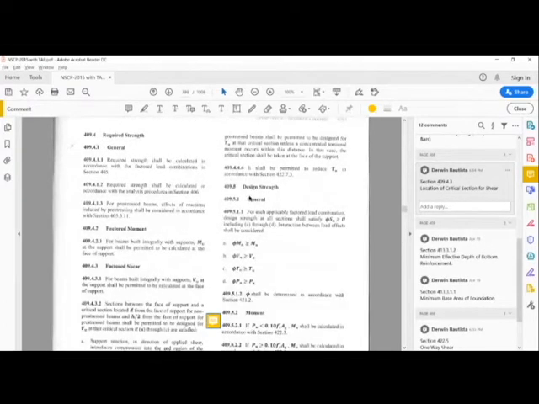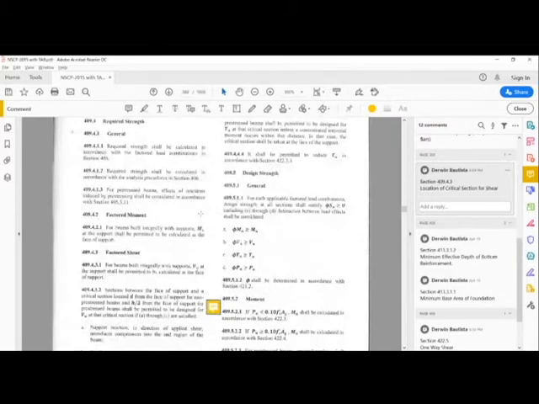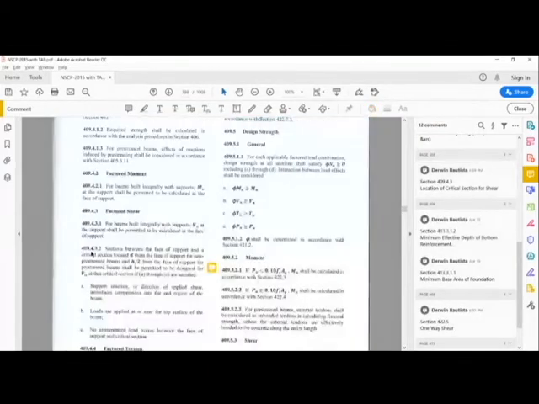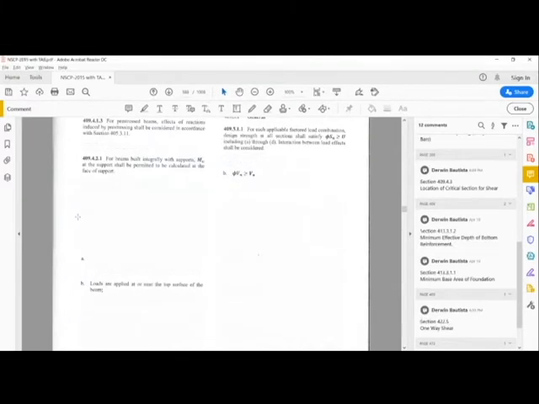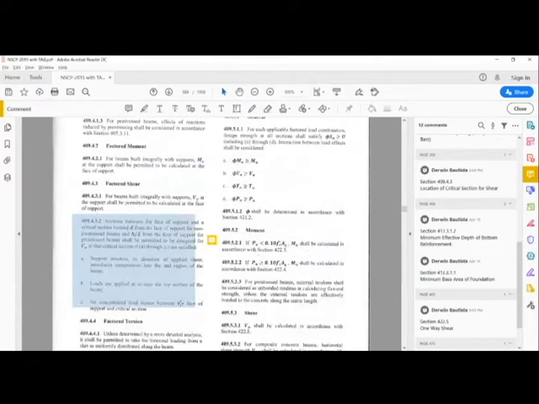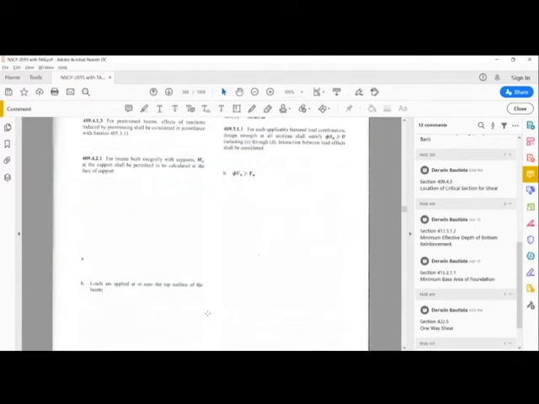So we look at Section 409. From Section 409.4.3, it is written that sections between the face of the support and a critical section located d from the face of the support for non-prestressed beams, and h/2 from the face of the support for prestressed beams, shall be permitted to be designed for V at the critical section if A through C are satisfied.